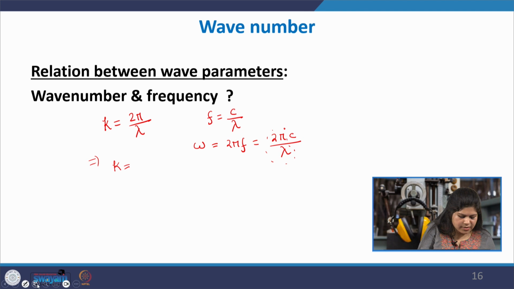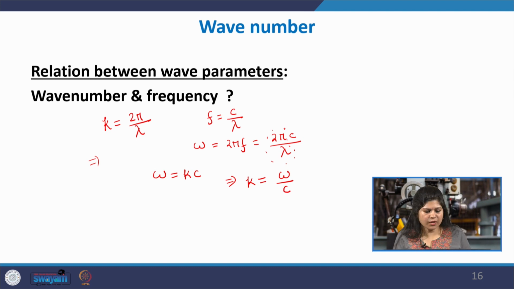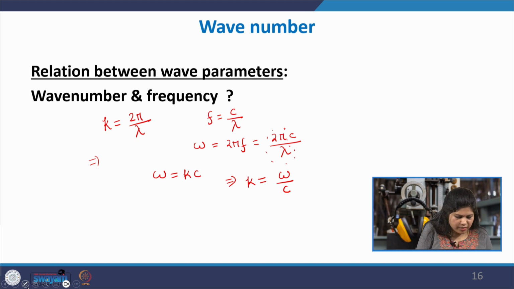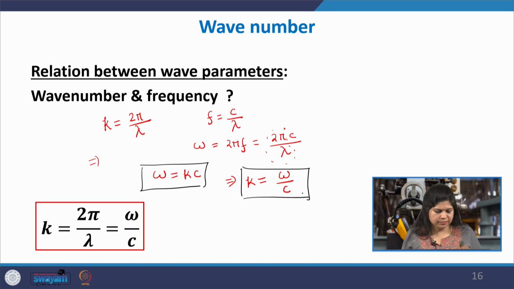So, what we get here is omega is k into c, and k can also be written as omega by c. These are the two important relationships between them which we will be using when we derive the time equation. That is an important relationship.